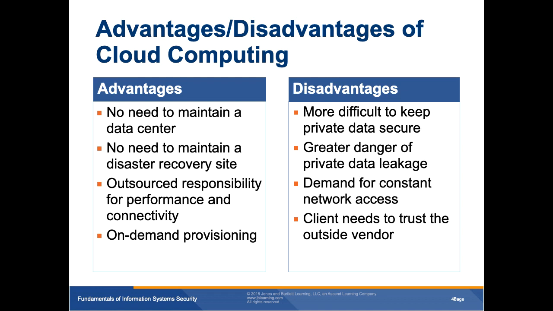But disadvantages are privacy, keeping your data secure, right? There's much greater damage of losing data or private data leakage, especially if you're on a public cloud where your equipment and your applications are on servers with other businesses' applications and servers.